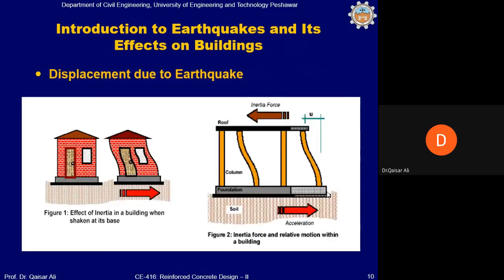Now when an earthquake occurs and the surface of the ground on which the foundation of our structures rests moves along with the ground, as is being shown in this figure to the left, you can see this structure is resting on the foundation, and the foundation is attached to the ground.